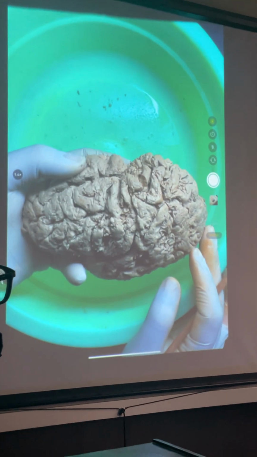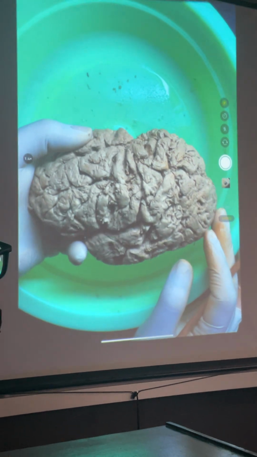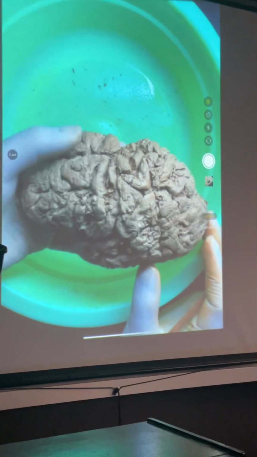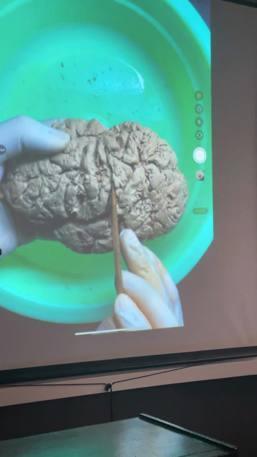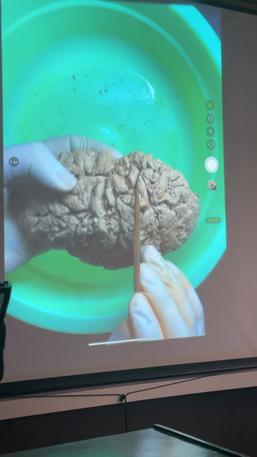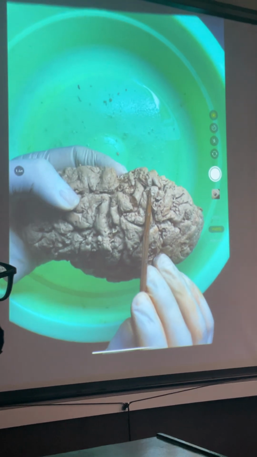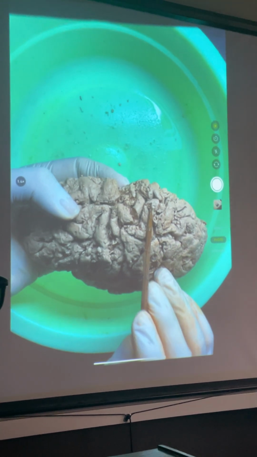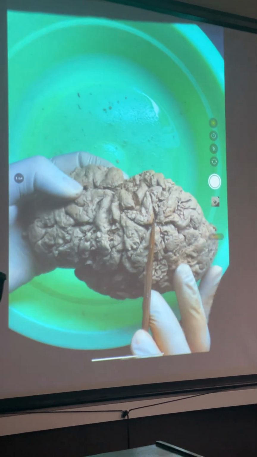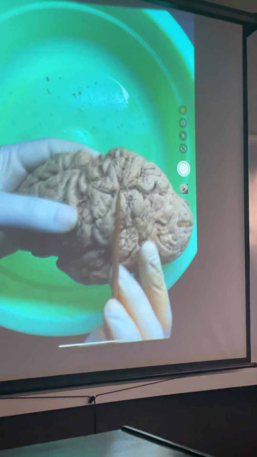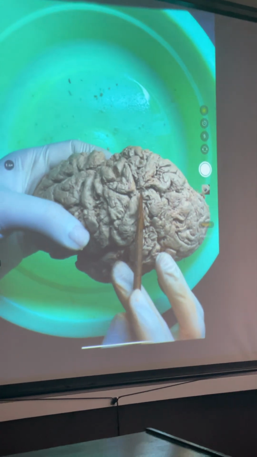Yes? Okay. So let's proceed to the parietal lobe. Once again, this is the central sulcus of Rolando. So this is the post-central gyrus and the post-central sulcus. Now I told you that there should be only one sulcus.